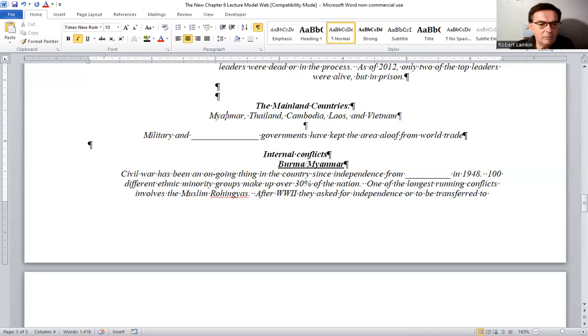After World War II, they asked for independence or to basically be transferred to neighboring Bangladesh. These requests were rebuffed, and the Rohingyas were branded illegal immigrants, with no Burmese citizenship rights. Many did flee for Bangladesh in 2017 after skirmishes with the Myanmar military. The UN has looked at this all as ethnic cleansing.